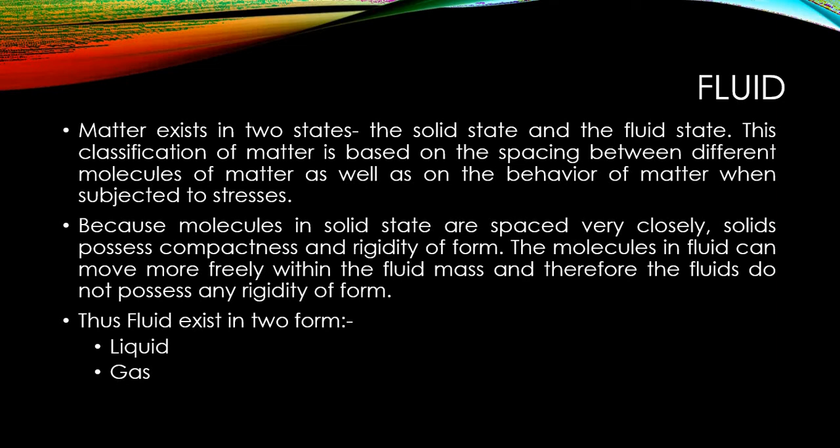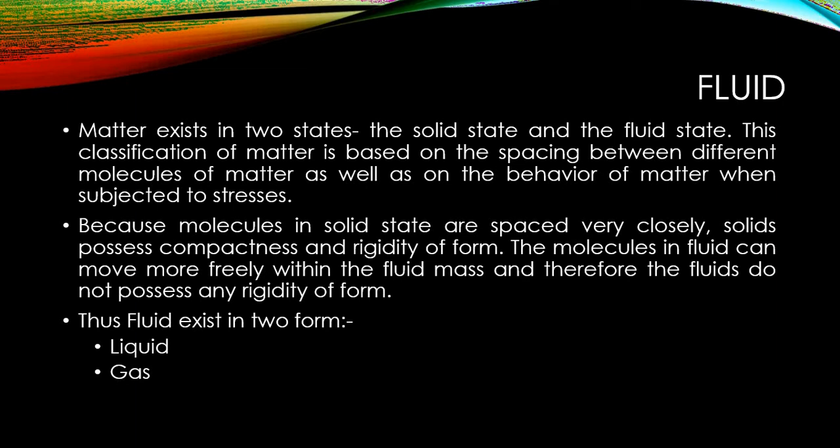Molecules in solids are spaced very closely and solids possess compactness and rigidity of form, that's why it's called the solid state. In a fluid, the molecules move more freely within the fluid mass and therefore fluids do not possess any rigidity of form.